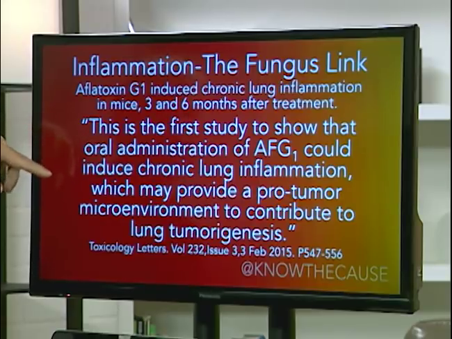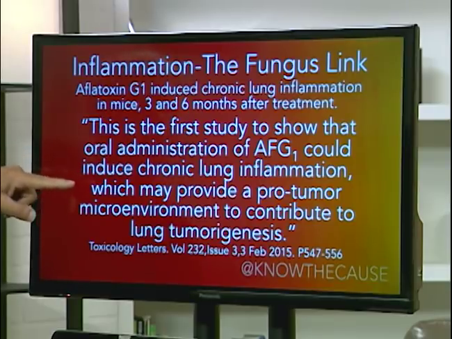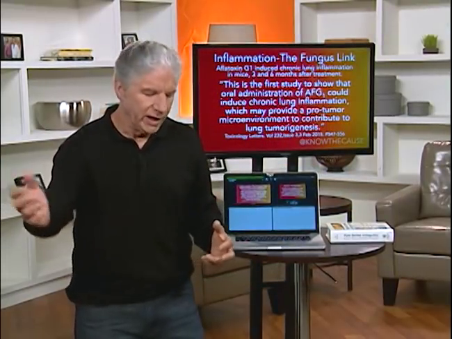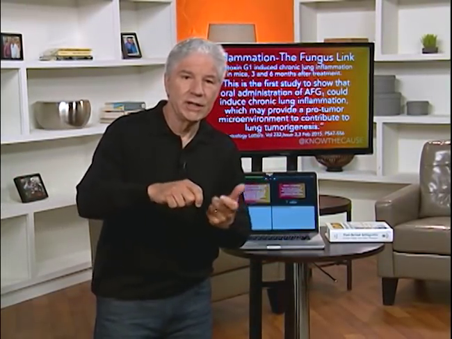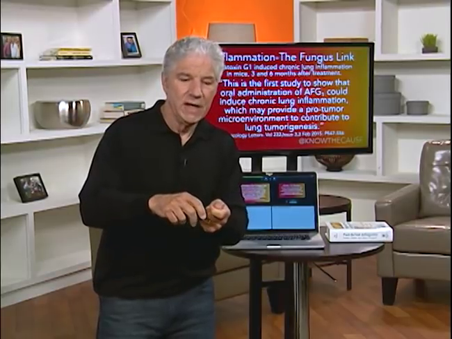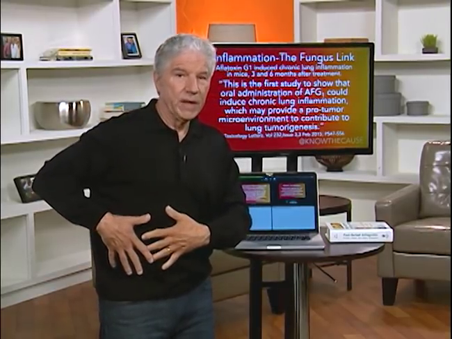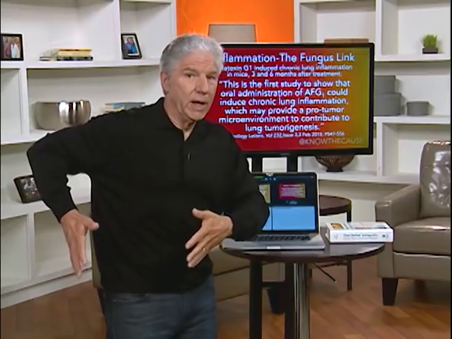One of the first studies to show that oral administration of aflatoxin G1 could induce chronic lung swelling, which may provide a pro-tumor microenvironment to contribute to lung tumorigenesis. What that means, by the way, is we inject a mycotoxin into these mice and they get lung cancer, but they also get lung swelling.